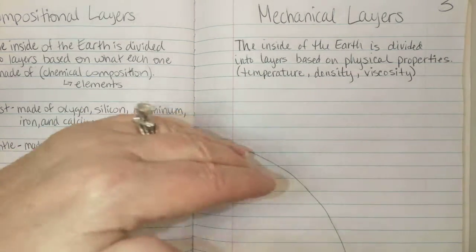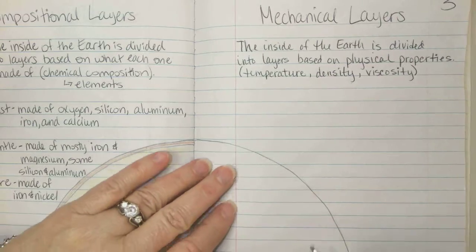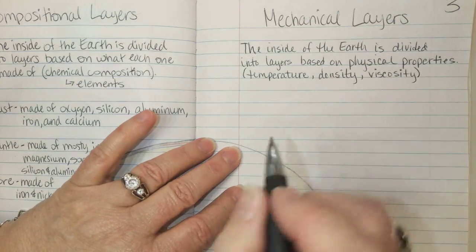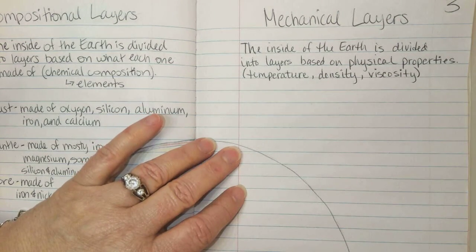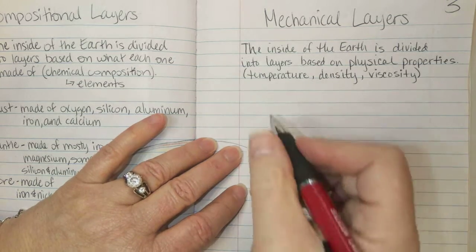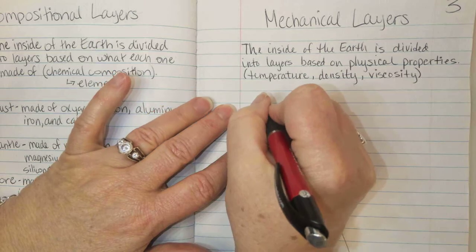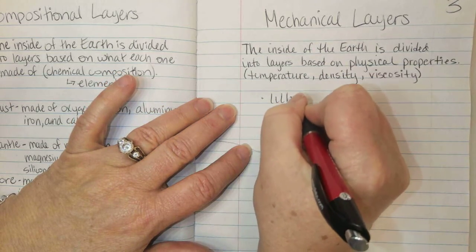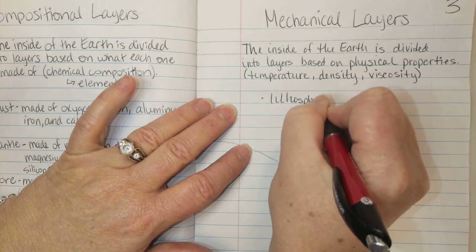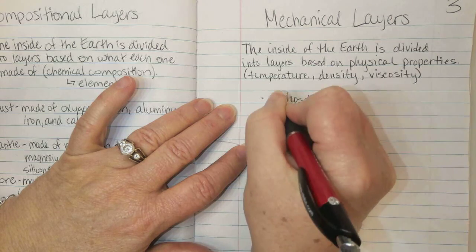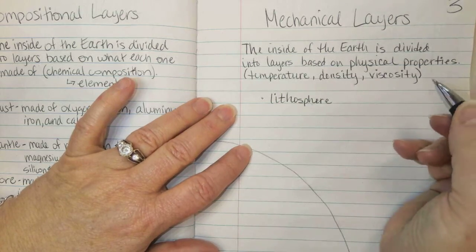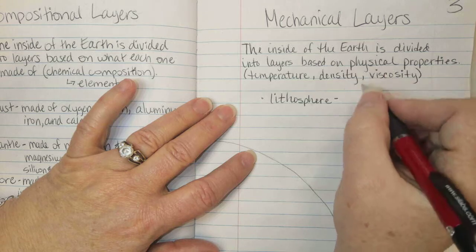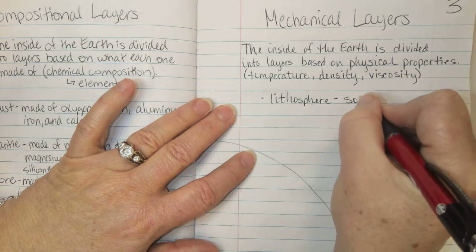So we're going to go from the outside inward, and so we're going to start with the outer part. The lithosphere is the crust and the upper portion of the mantle. So we're going to go ahead and write right here, lithosphere. And the lithosphere is actually solid.